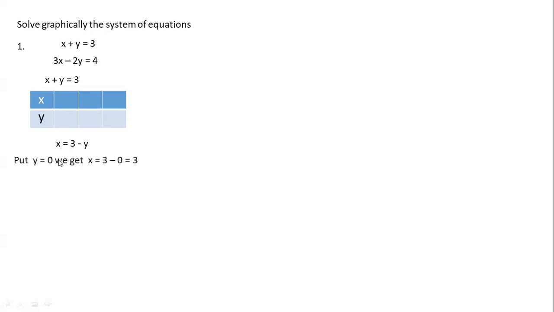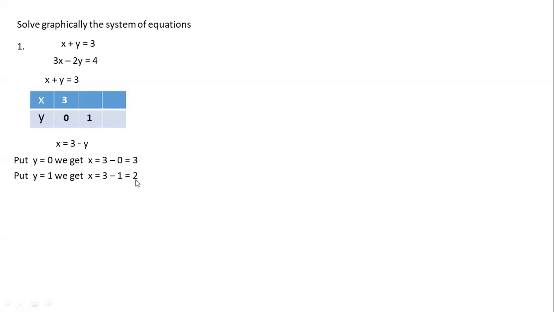Now see, put y is equal to 0. When I put y is equal to 0, we get x is equal to 3 minus 0, which is 3. So y is 0, x is 3. Now let's put y is equal to 1. We get x is equal to 3 minus 1, that is 2.